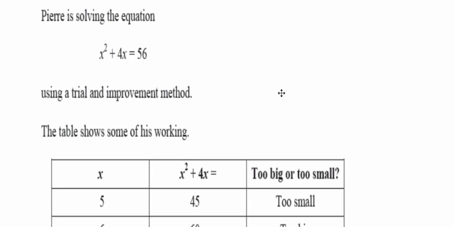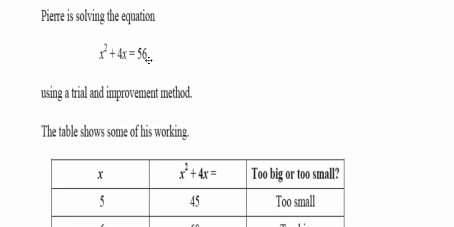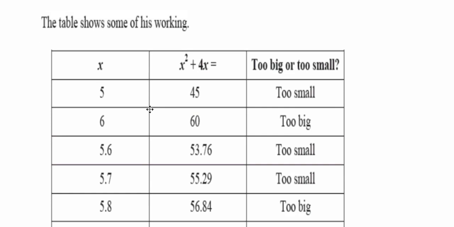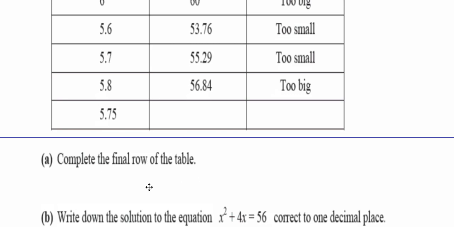This question is talking about Pierre solving the equation x squared plus 4x equals 56 using a trial and improvement method. The table shows some of his working. Should we check if the working is correct? No need. Complete the table. Oh, we are supposed to complete the table.